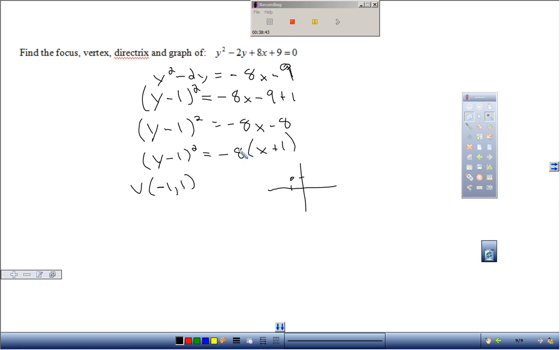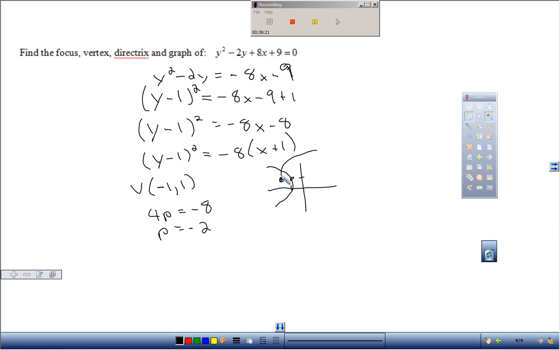And since the number in front of the x is negative, I know that it's a sideways parabola because the y is squared. And B, I know that since this is negative, it's opening this direction. Okay, so something that kind of goes like this. So I'm looking for a focus over here. And since I know that 4p equals negative 8, that means that p equals negative 2, and p is the distance to the focus from negative 1, 1.